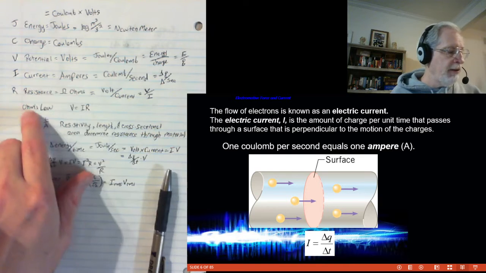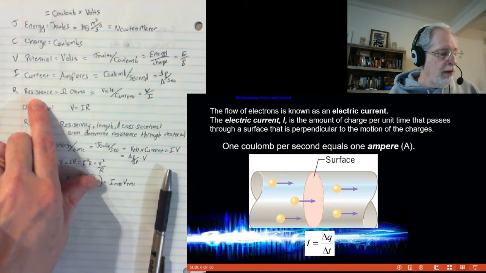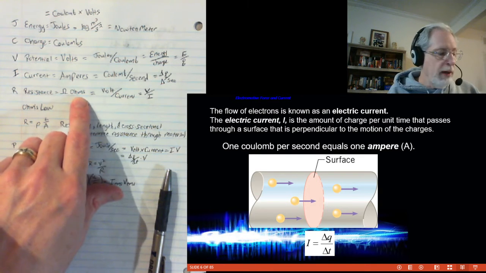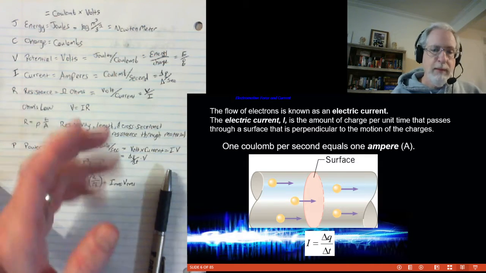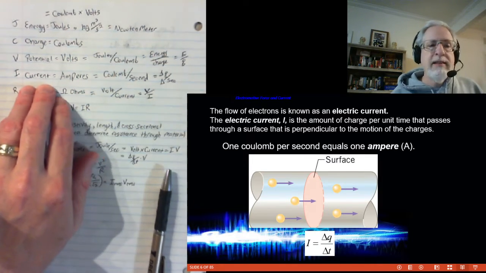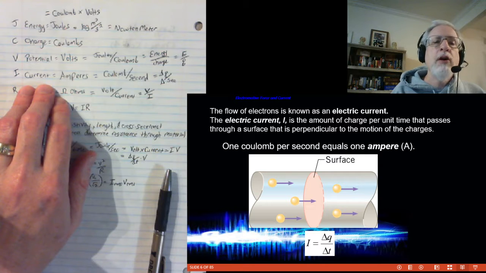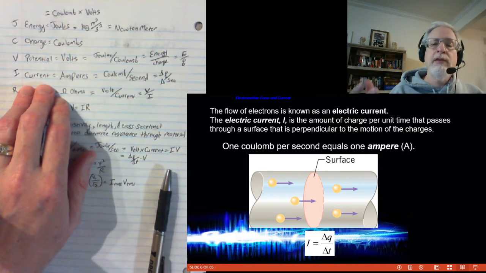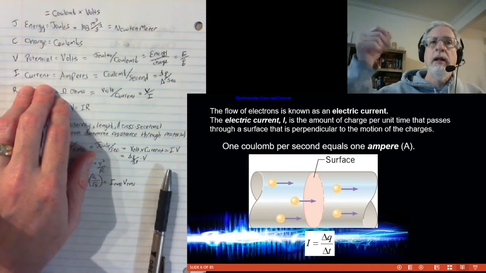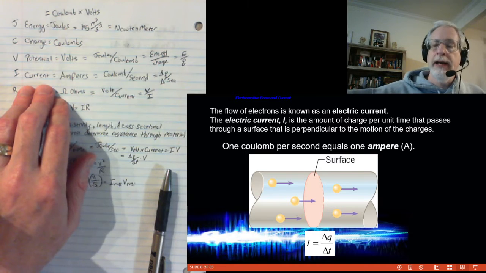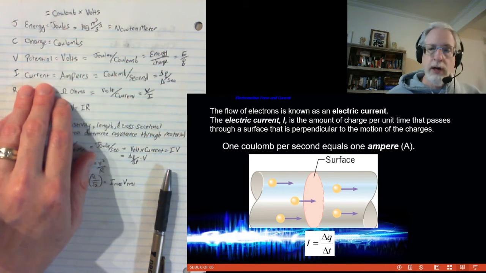And we're eventually going to get to resistance, which is measured in ohms, but we don't use O, we use R. But current is I, and that is the amount of charge per unit time that passes through something. How many electrons pass per time? That's current.